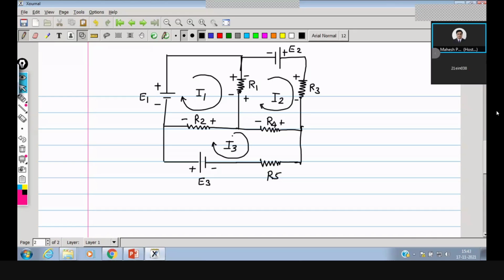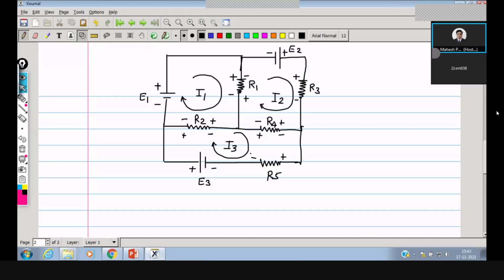Okay. Similarly for current I3, we will mark this as plus and this as minus. And the same current will flow through R4 also, so we may write plus here, minus here. And similarly for resistance R5, it will be plus and minus.